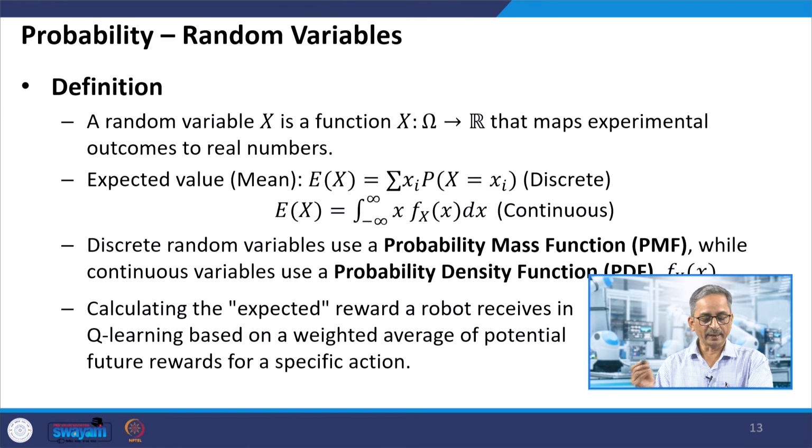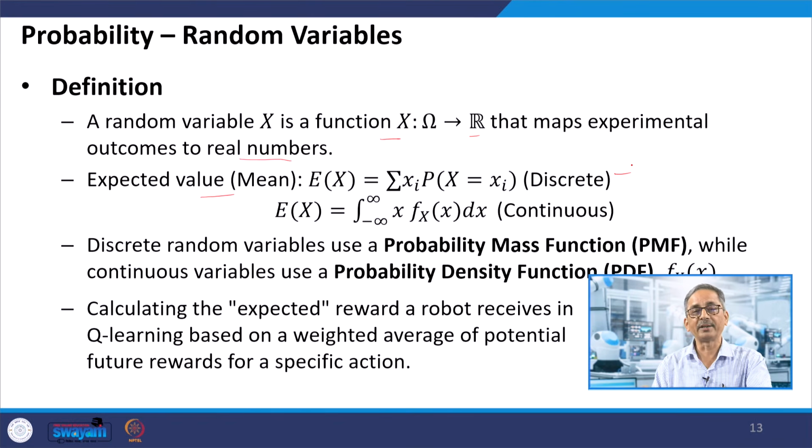Next, let us look at the concept of random variable. A random variable x is a function which maps from omega to the real number space R, that is, it maps an experimental outcome to a real number, and with this we can define the expected value for discrete events. The expected value is the summation of each individual event times the probability of that event occurring.